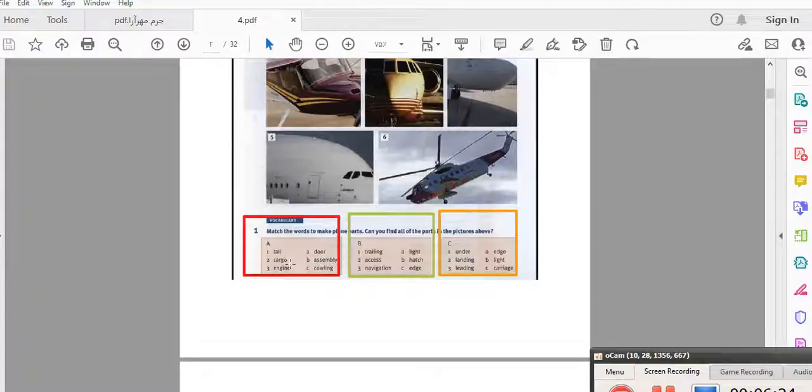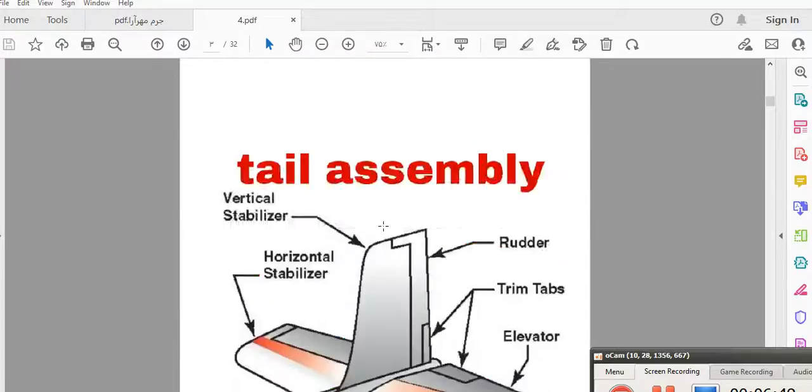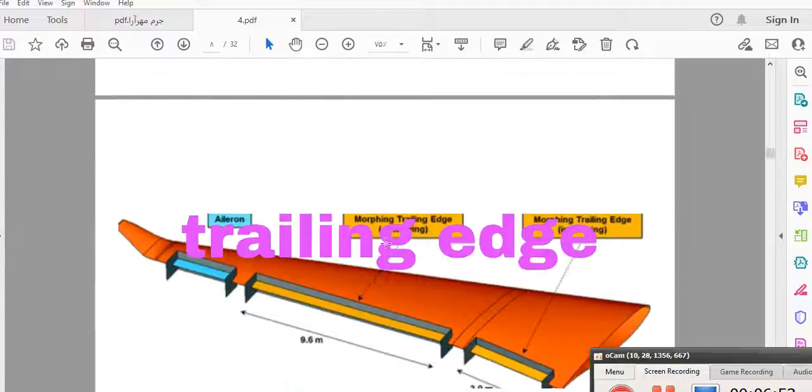Tail assembly, cargo door, trailing edge, access hatch, navigation light, undercarriage, landing light, and leading edge. Match them. Take a photo and send it to me, please. Let's go. Look at them. They are really important.